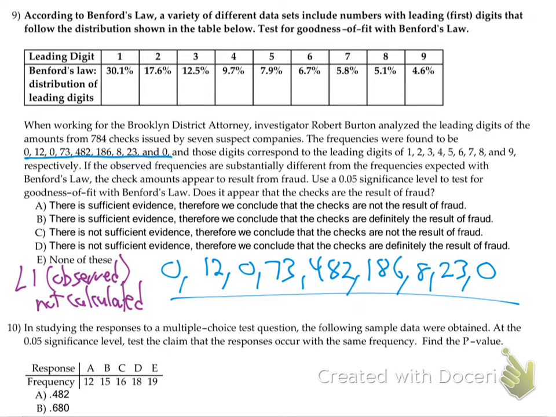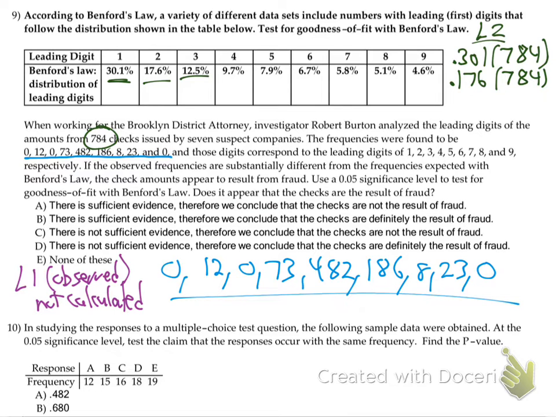You know how that works, right? L2 is going to be each of these percentages. So L2 is going to be 0.301, you grab that first percentage, times, how many total checks here? 784. And then 0.176 times 784.